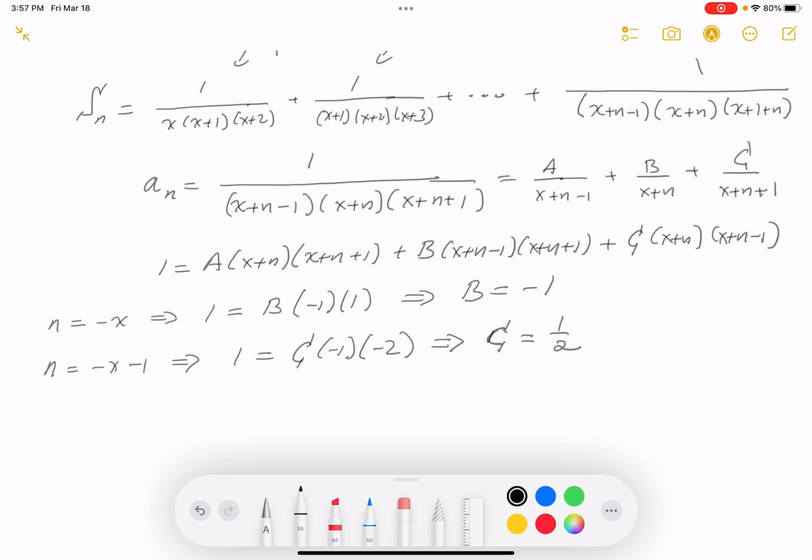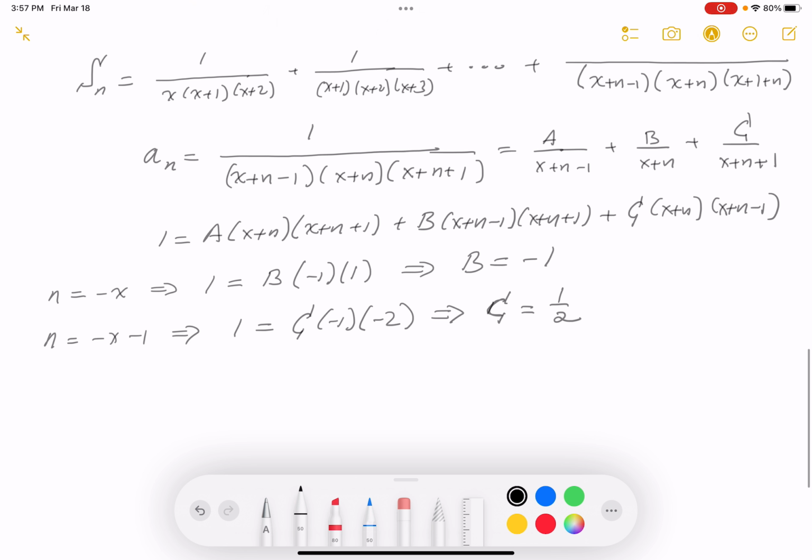And I still don't know what the A is, right? Let's go for another one. Let's go for N equals minus x plus 1. You still get 1 on the left. And let's see what you get there.